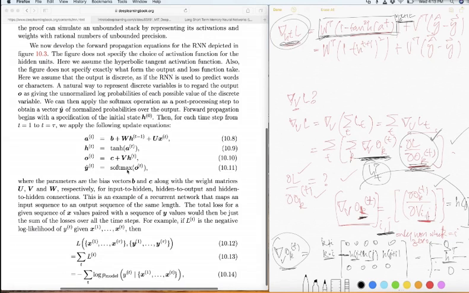So that's what we call it: the gradient of the history vector is back propagated. Once you have the gradient of L with respect to h tau, you will use it to compute the gradient of L with respect to h tau minus 1. This is what this equation is telling you, that the gradient at the next timestamp is used to compute the gradient at the previous timestamp.